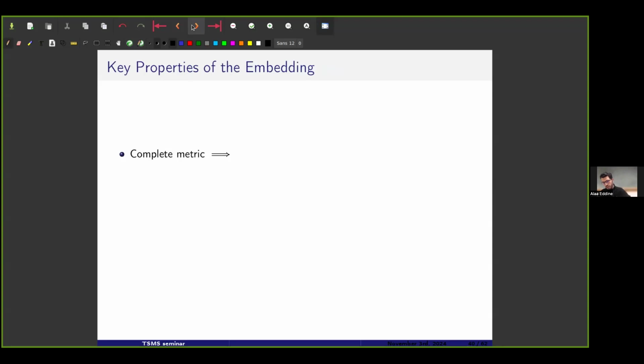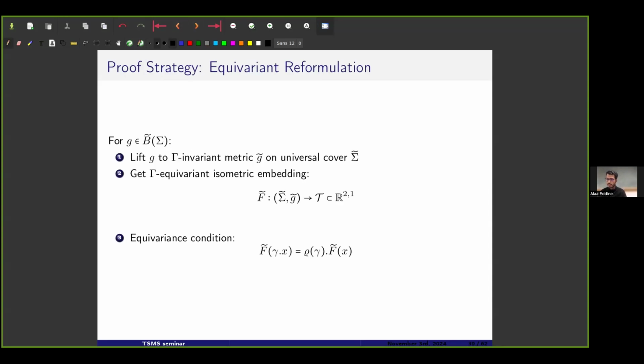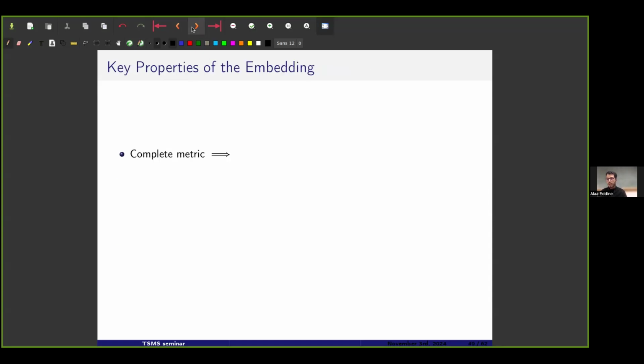Just a remark: for the metric G, we have this isometric embedding F tilde in the Minkowski space. And the metric G tilde, since it comes from a metric on a compact surface, is complete on sigma tilde. We can prove that since this metric is complete, any space-like embedding is an entire graph.